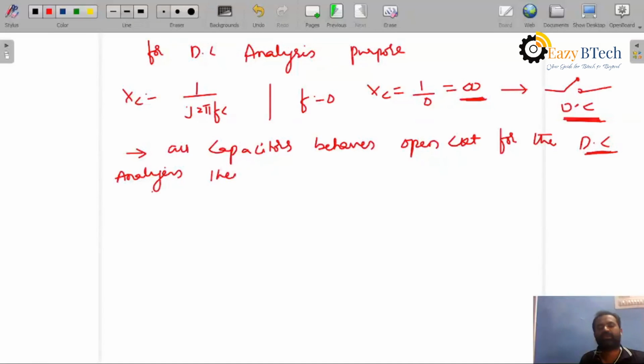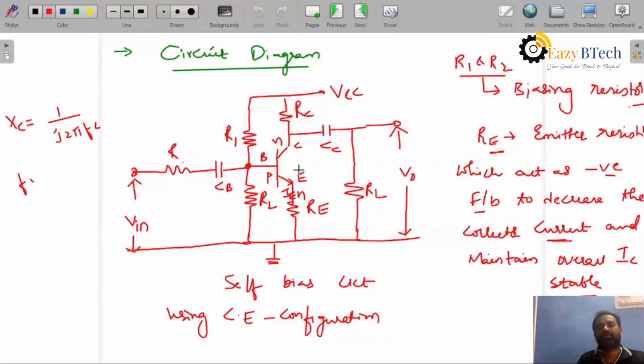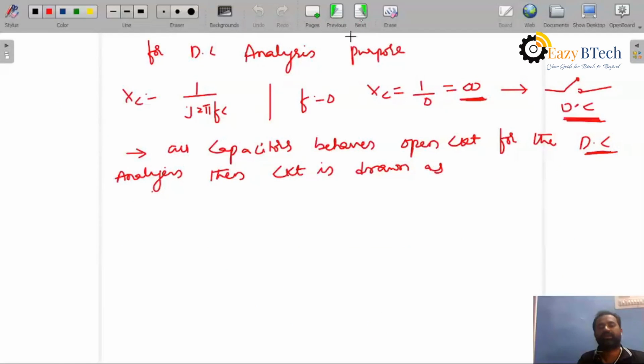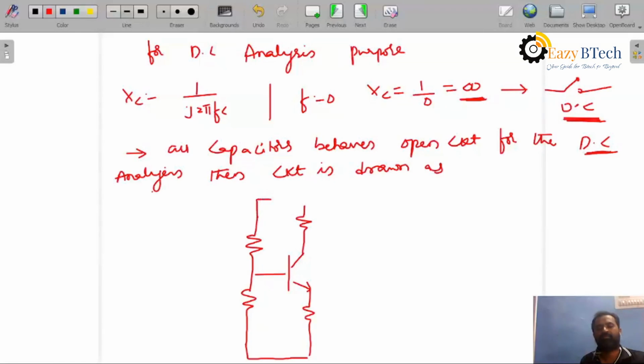Then the circuit can be drawn, neglecting the capacitors, in this manner: RC, RE, R2, R1.